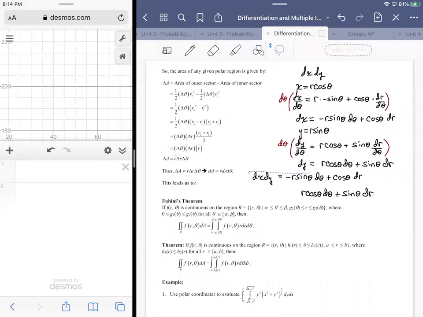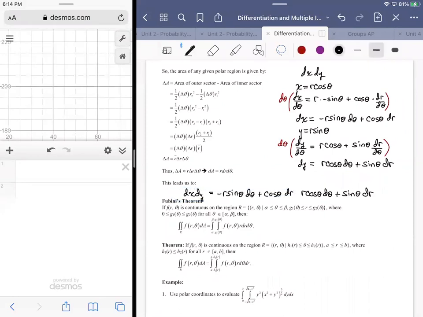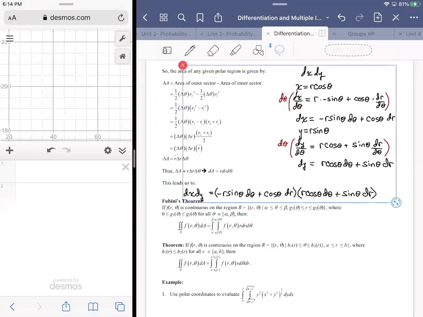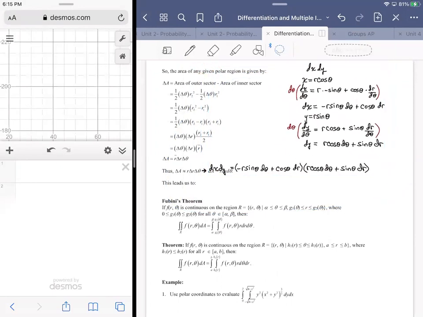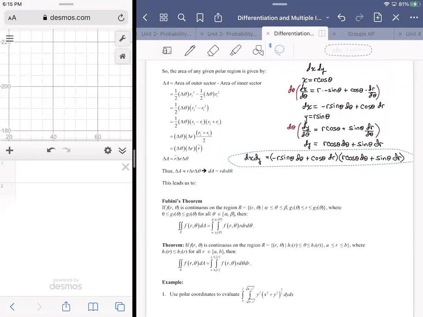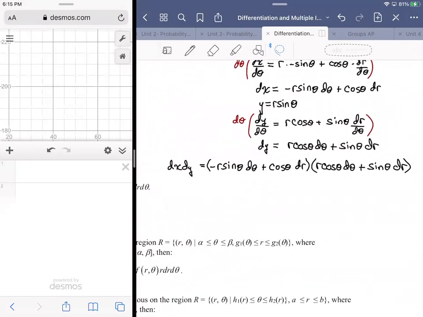We're going to have to move some things around, resize a little bit. So a little algebra. We distribute out. Use my highlighter. So r squared, sine theta, cosine theta, d theta squared.